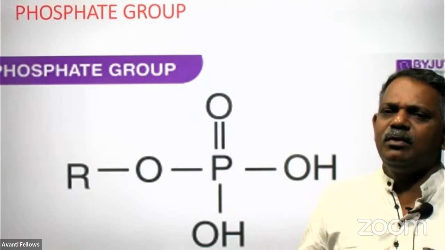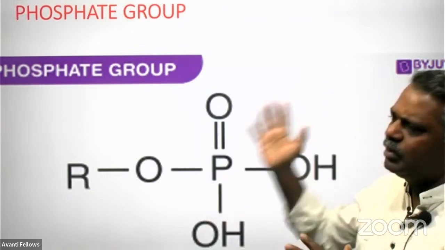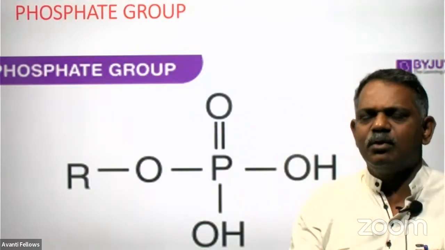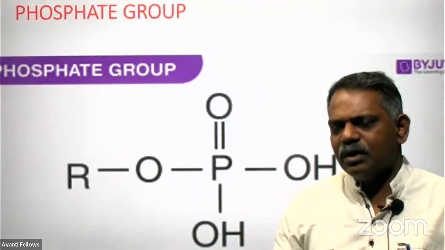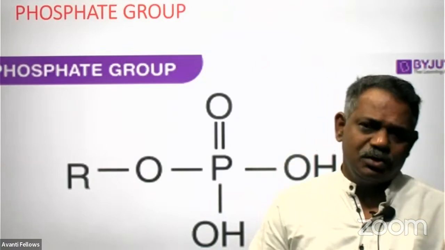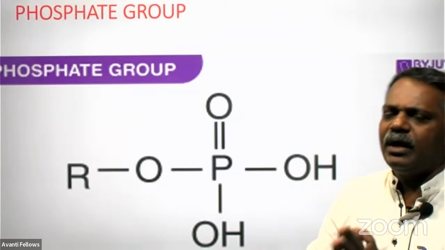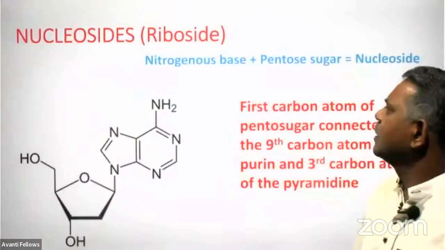Instead of thymine, uracil will be there. And that is connected to the pentose sugar. In DNA, it is what? The deoxyribose sugar only. Whereas in case of RNA, that is the ribose sugar. The only difference is in the second position of the carbon atom in the pentose sugar. And the third one is what? The phosphate group, and it is common in both DNA and RNA.